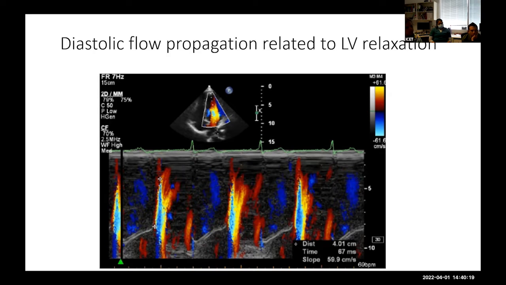And it's said that using this as a measurement is preload independent, or at least it's preload independent in dogs. And normally if you measure the slope, a normal result will be greater than 50 centimetres a second. So if it's less than 50 centimetres a second, then you can infer that the relaxation of the ventricle is abnormal.